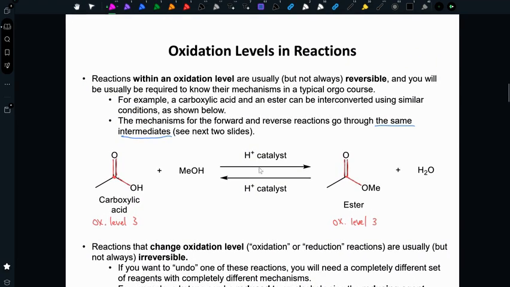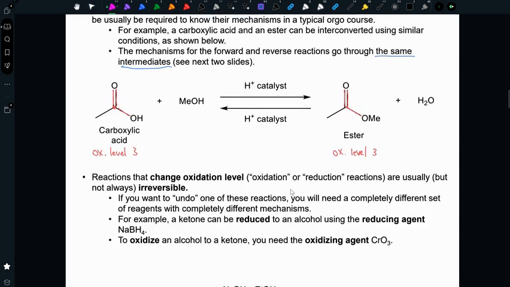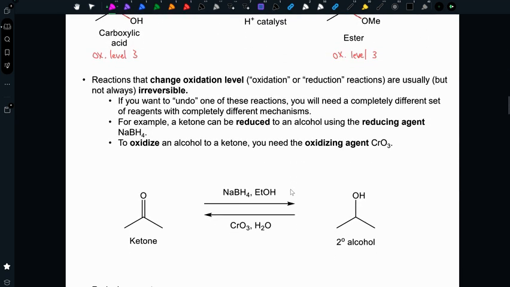So that was the point about these reactions within the same oxidation level. Reactions that change oxidation levels, so oxidation reactions or reduction reactions, most often these are irreversible, or these are reactions where if you want to go in one direction or the other, you need to use very different reagents and the mechanisms will be entirely different.